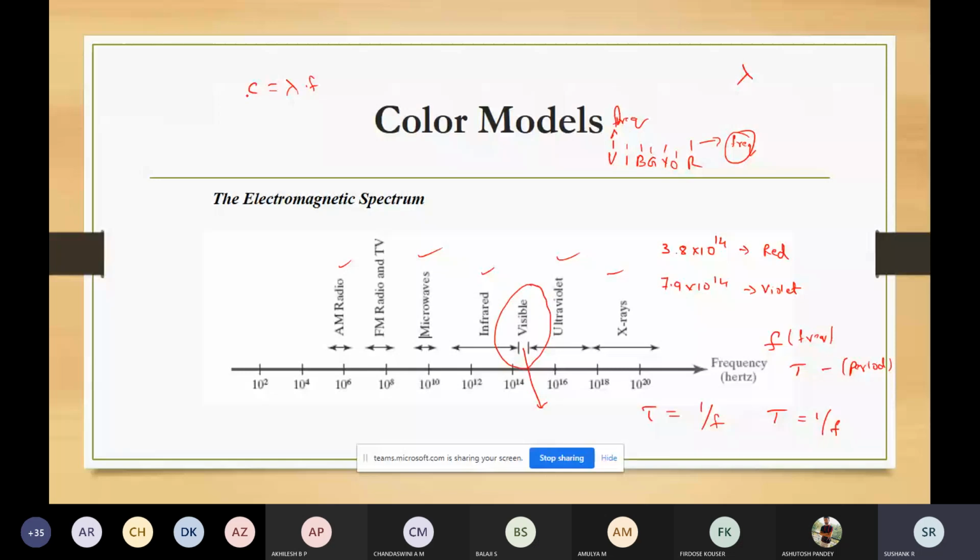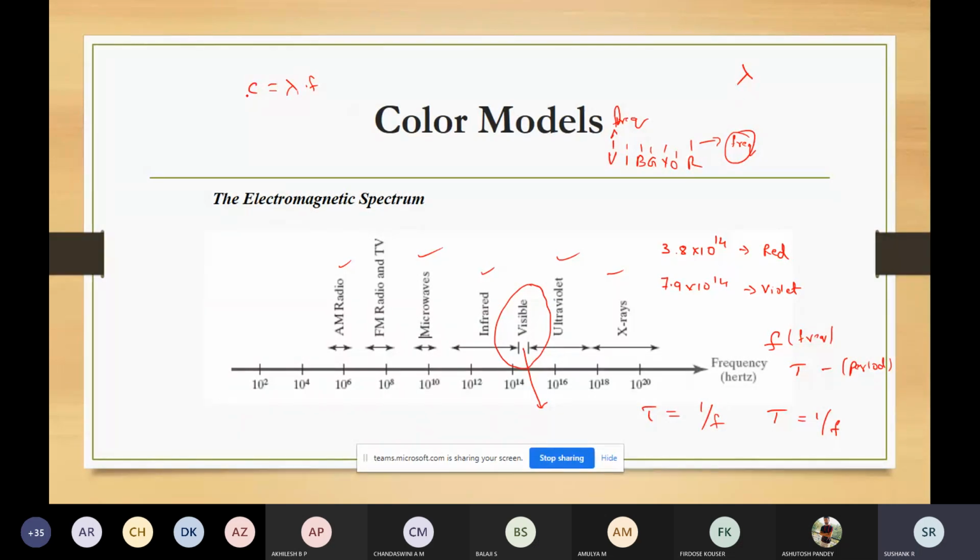For example, if the lower frequency is predominant in the reflected light, lower frequency corresponds to red light. If the higher frequency is predominant, we will see violet color. This we call the dominating frequency, also called the shade, or simply the color of the light.